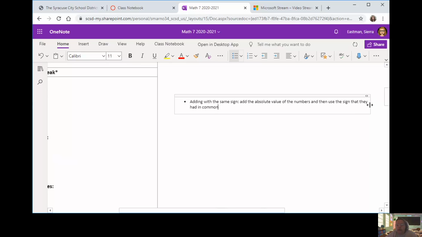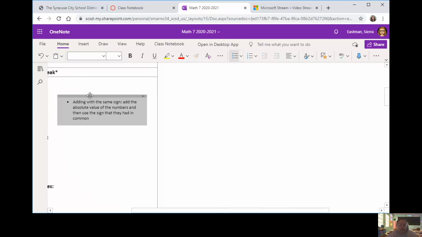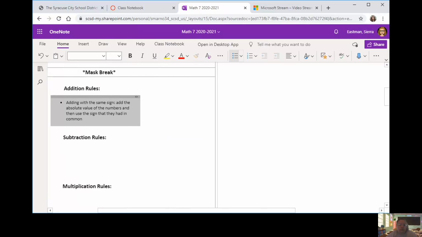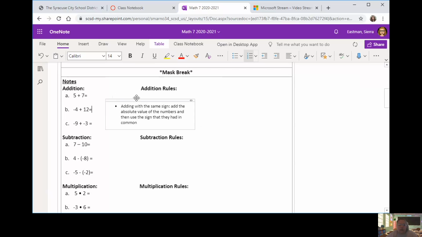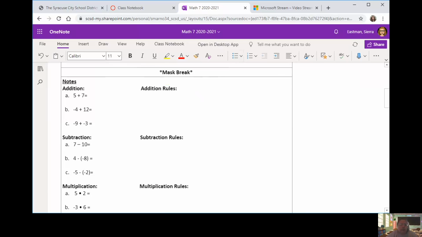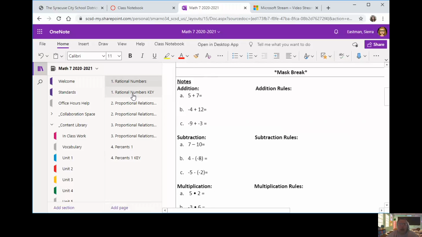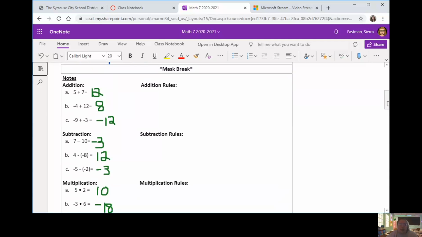All right, I know my page is getting a little crazy here. Let me put these over where they belong. Okay. And so that is for when we were adding with, oops, I realized I'm on the wrong page here. That's for when we were adding with both positives or both negatives.